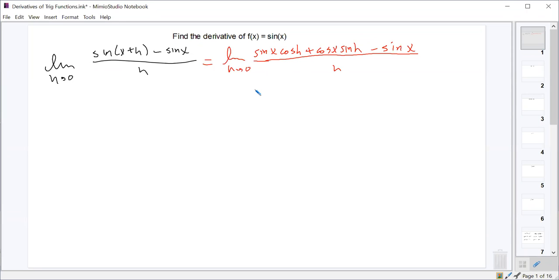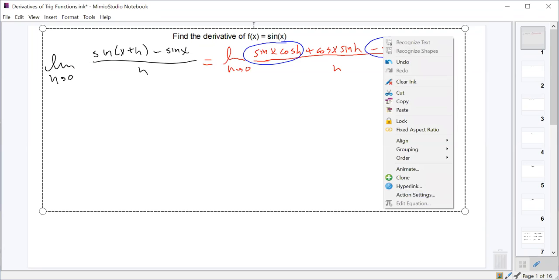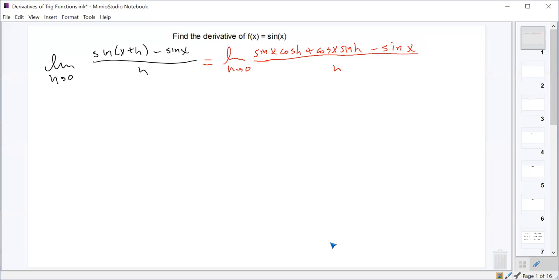Now we would hopefully notice what about these two terms? What do they both have in common? Sine x. They both have a sine x. So I could separate this now into these two limits and factor out the sine x from those first two terms, the first and third terms.